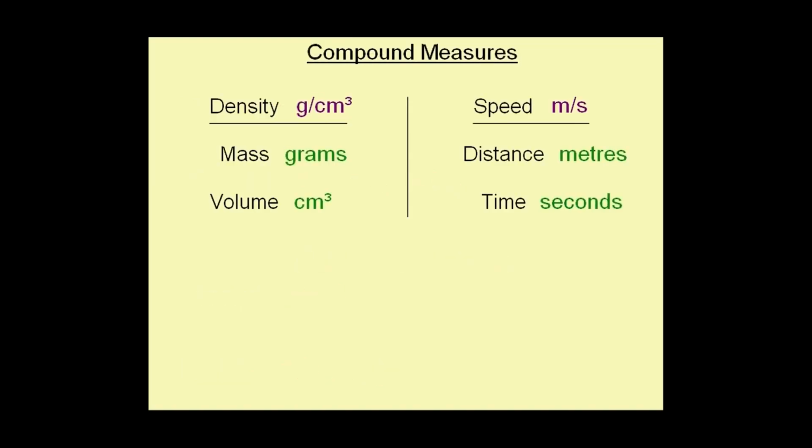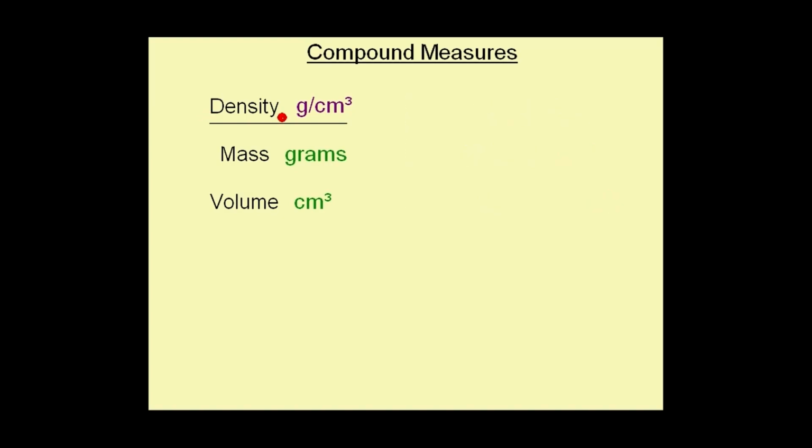Let's look now at how we calculate using compound measures. If we start with density, we can see that this is measured in grams per centimetres cubed. This sign here is really a divide. So whenever we want to calculate a density, we get the grams, that's the mass, and divide by the centimetres cubed, that's the volume.